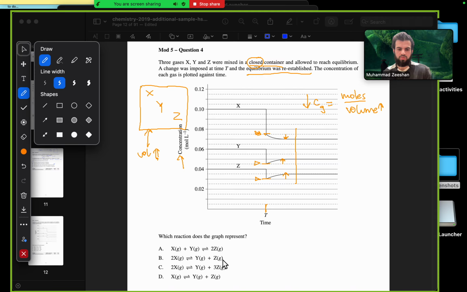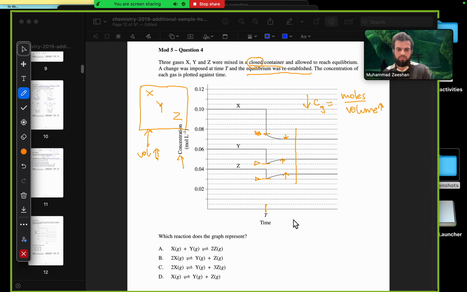2X goes to Y plus Z. So Y and Z both had concentrations increase in equal amounts. So the change is proportional to the mole ratio.